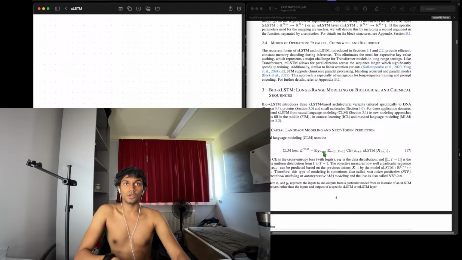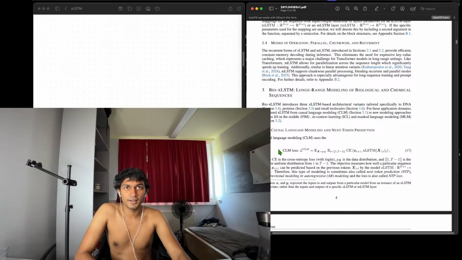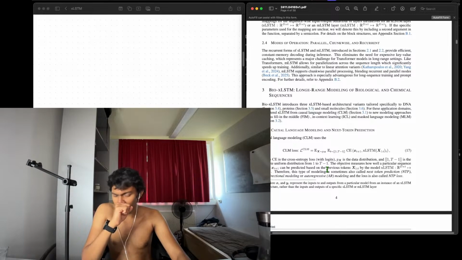Casual language modeling uses... Oh, you can just drop an equation like that. God damn. Where CE is the cross entropy loss with logits, PX is the data distribution, and inside the bracket 1 to t minus 1 is the discrete uniform distribution. Uniform distribution of what? I don't know.